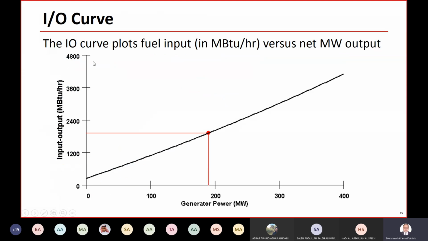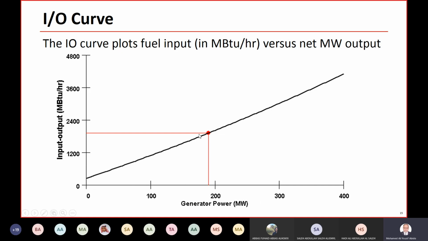The input-output curve, as we mentioned, is British thermal unit per hour versus megawatt. So you can have this input power and this is the output power.